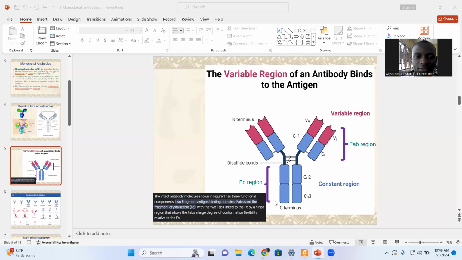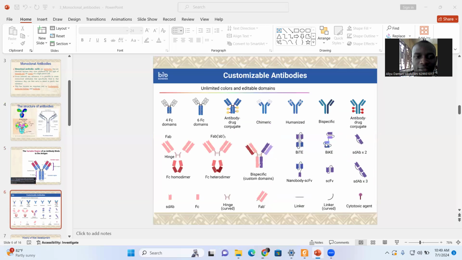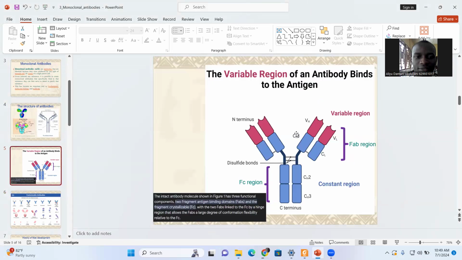There's also a classification of the antibody we call the FAB region, the antibody binding fragments. It makes sense, since this is the region that binds the antigen. And the FC stands for the crystallizable fragments.